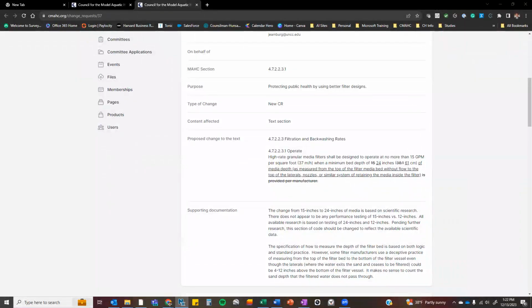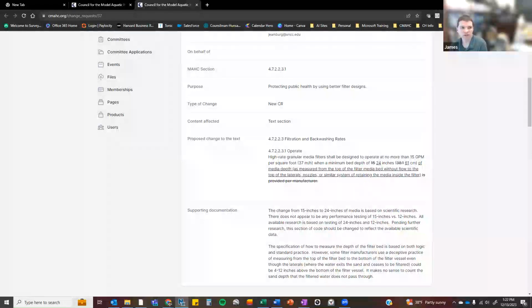Okay. Across the industry, would this create a problem of facilities not having a filter big enough to accommodate 24 inches? They can make these filters any depth they want.